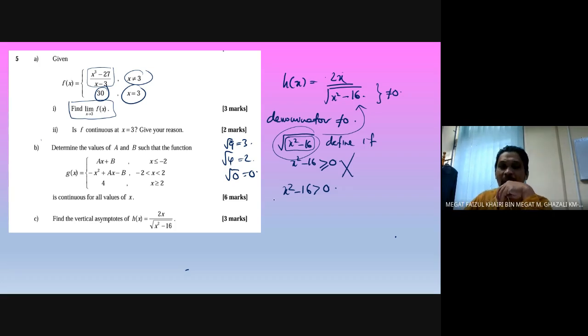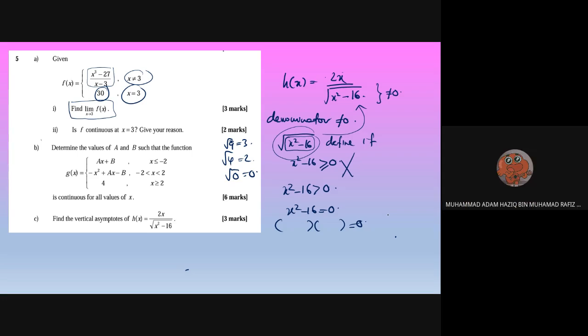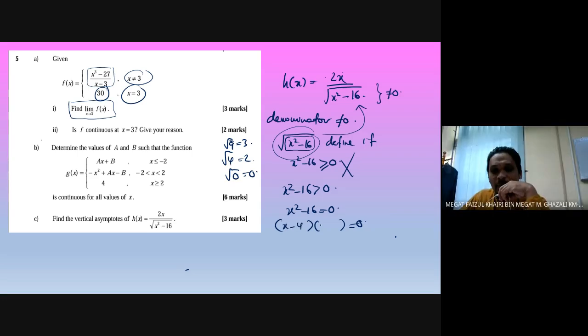Okay. What about x squared minus 16 if we make it equal to 0? If we factorize this, what will we get then? x minus 4, x plus 4. Good. So then from here x equal to 4 and x equal to negative 4. So class, the denominator cannot be equal to 0.